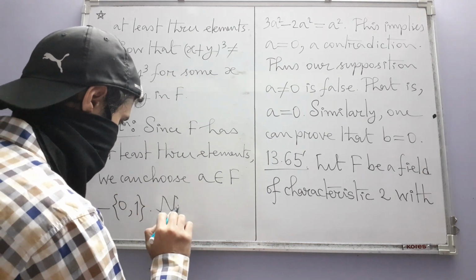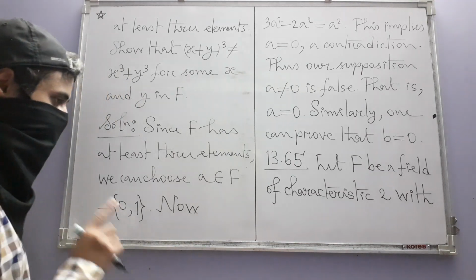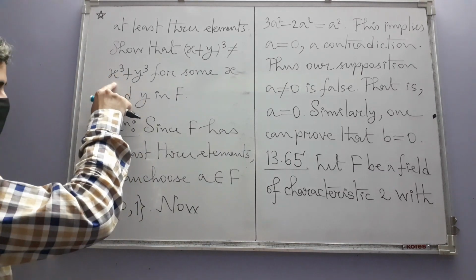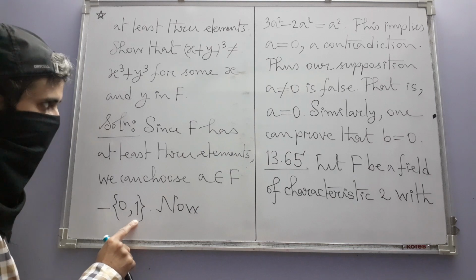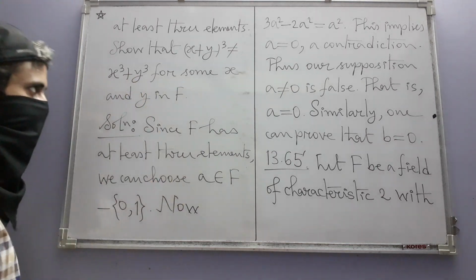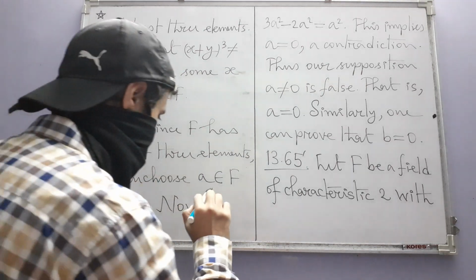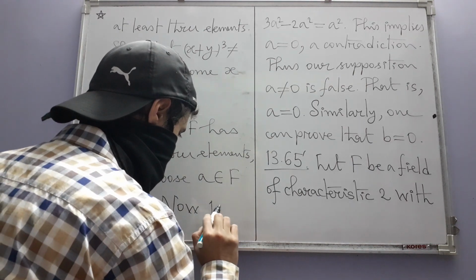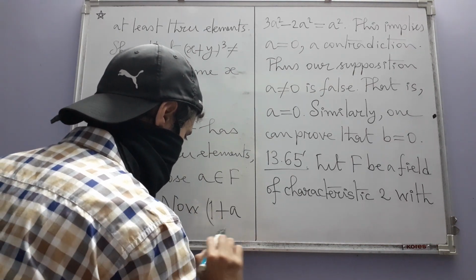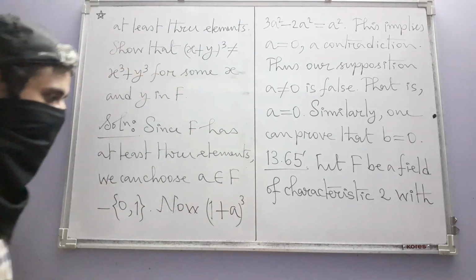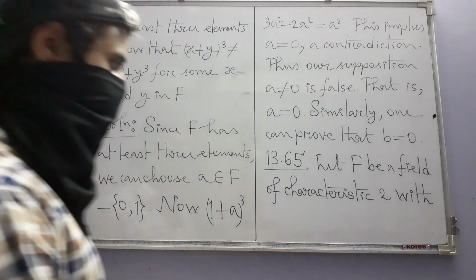Now if we choose as x 1 and as y a, then let's see what happens to this condition. 1 plus a whole cube. Let us calculate this cube.